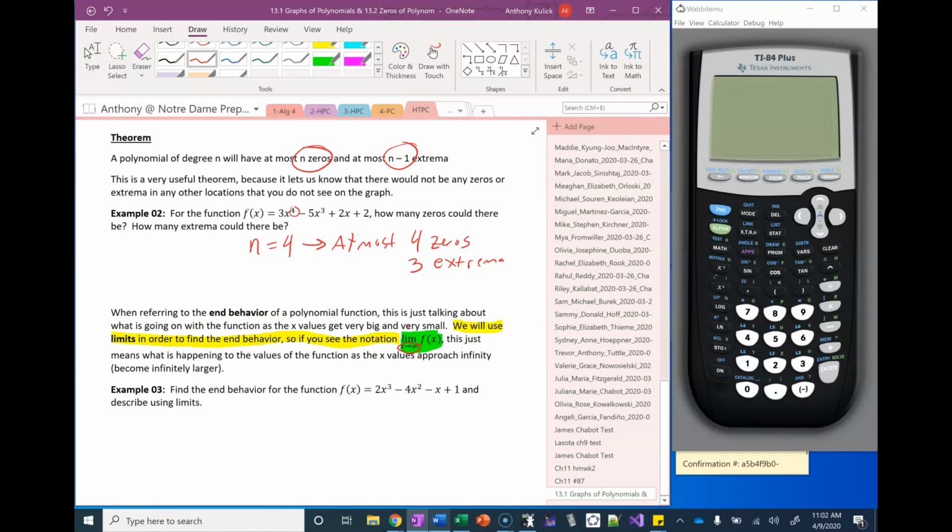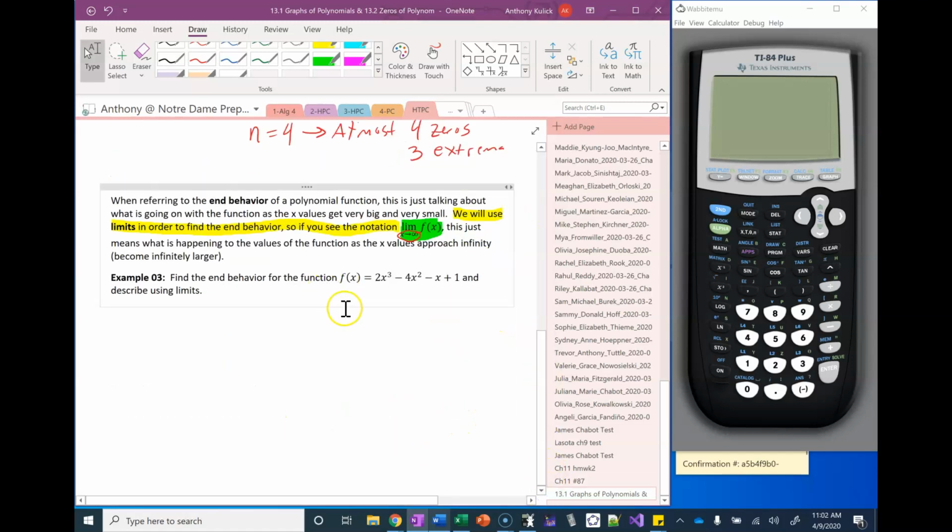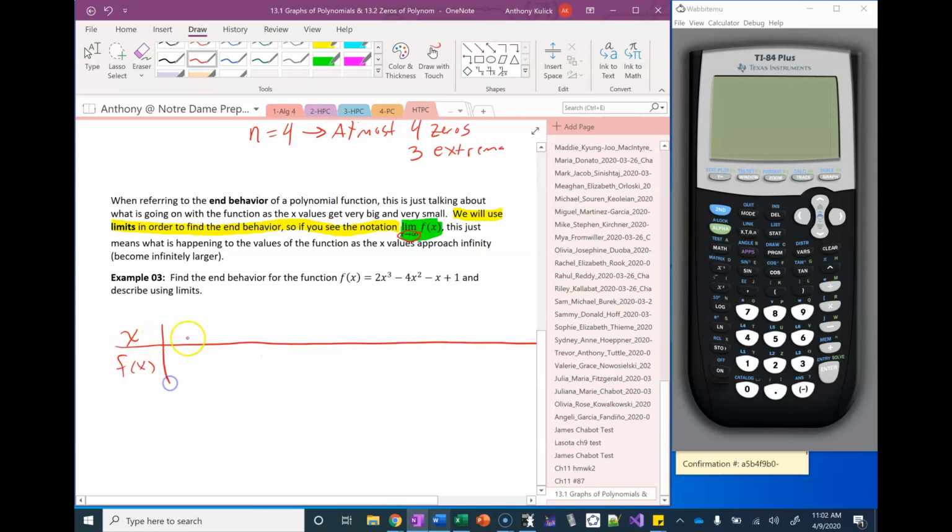So one way we can do that is we can build out a table of y values and look at what happens as x gets progressively larger. So we can make an f of x table. Let's say we want to find the end behavior and describe it using limits.